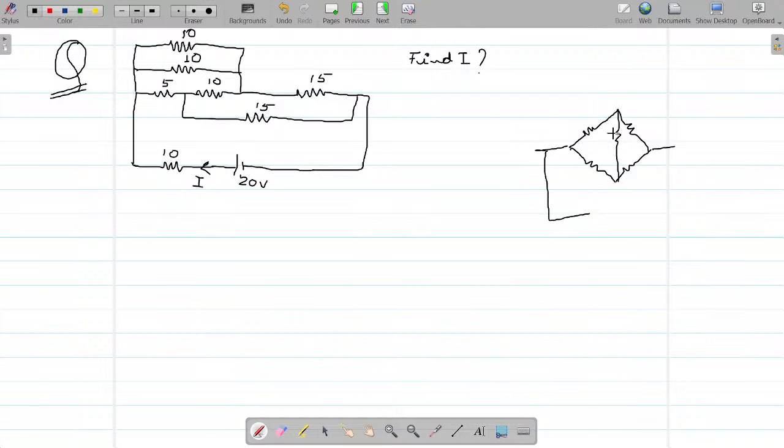Let's say there's a galvanometer here in this circuit. When will the bridge be called a balanced bridge?